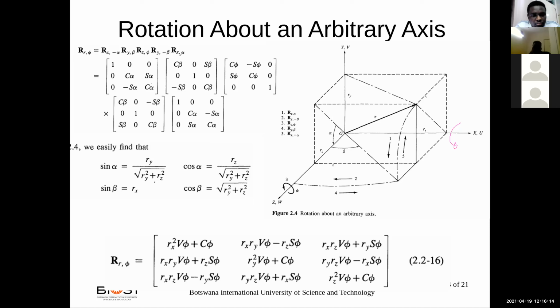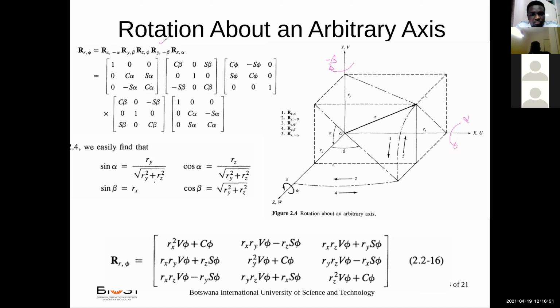Rotate about the x-axis, positive alpha. And then afterwards, you rotate about the V or the y-axis. Now this is a rotated axis, the V-axis, and you rotate the other way, so it's negative. I mean negative beta.